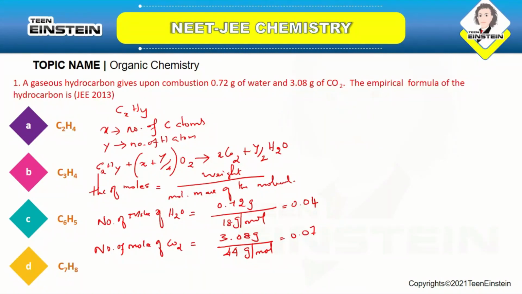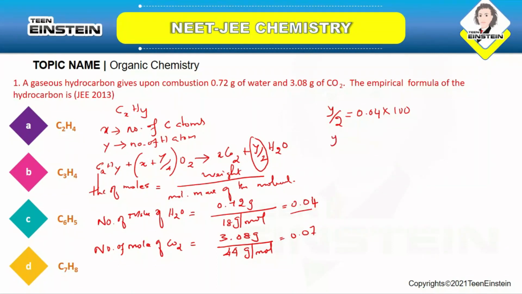So let's take the coefficient of water and substitute it with its number of moles. Here y by 2 is the coefficient of the water molecule. So y by 2 is equal to the number of moles of water, 0.04, multiplied by 100 so that we get a whole number.